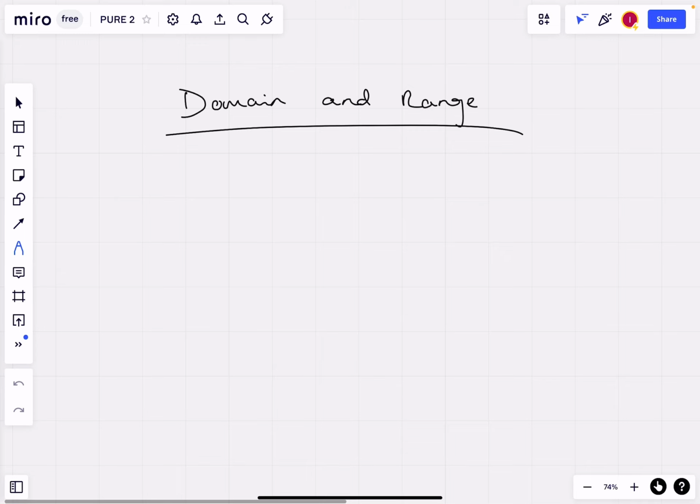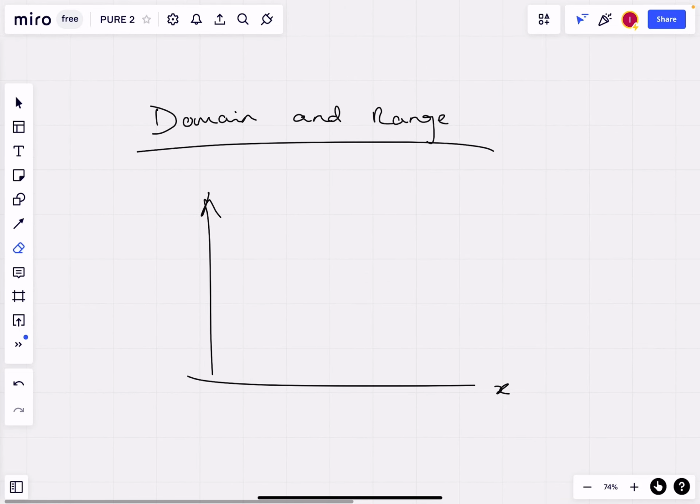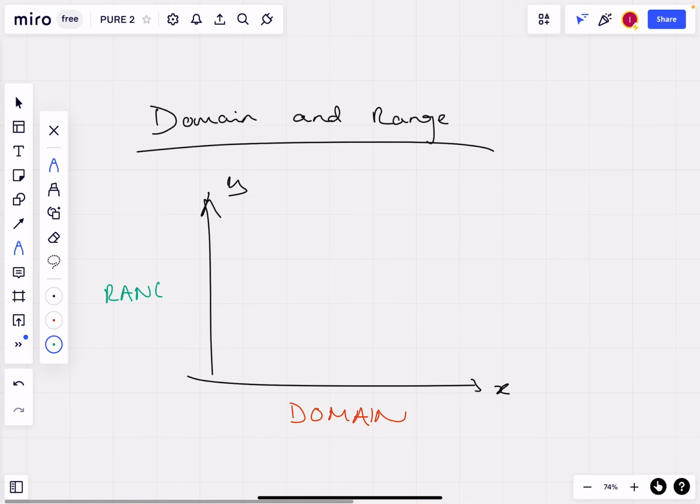Right, so on any graph, you're going to have an x-axis and a y-axis. So that's my x, that's my y. Regardless of what function I have inside my axis, the domain is all the possible values that x can take, and the range is all the possible values that y can take, specific to that function.